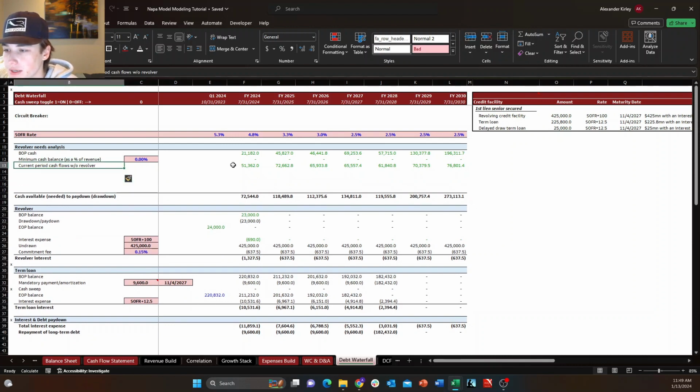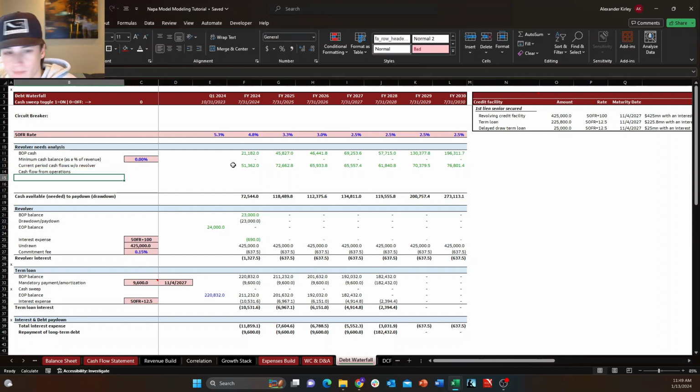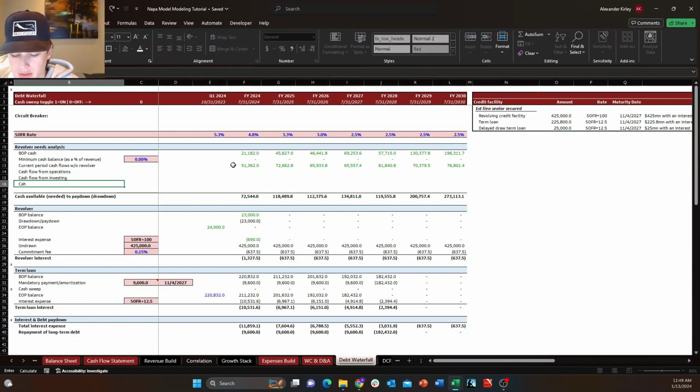I'm now going to have cash flow from operations, cash flow from investing, and this gives us our cash available for mandatory debt repayment.